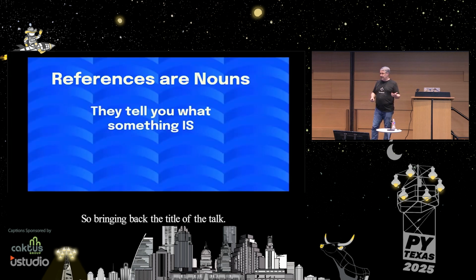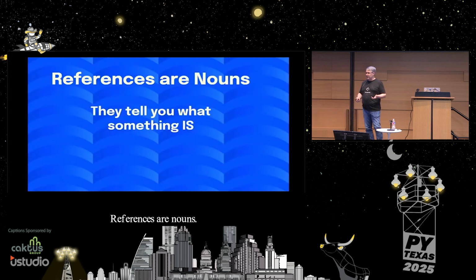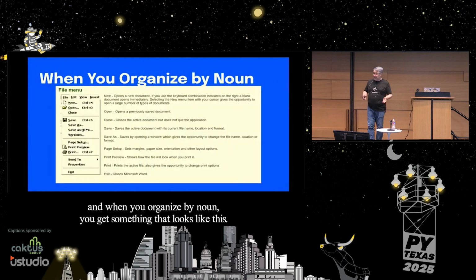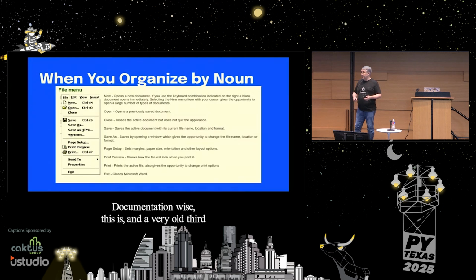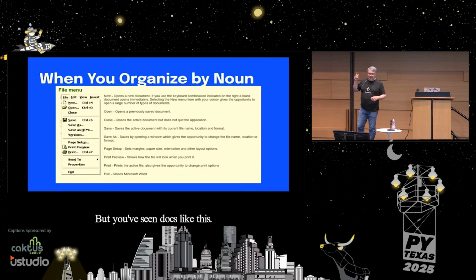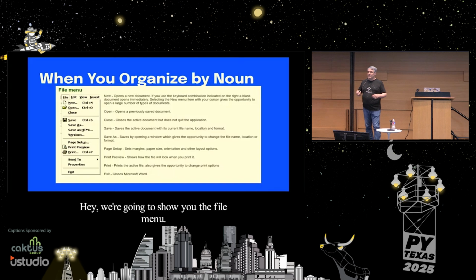So, bringing back the title of the talk, references are nouns. They tell you what something is. And when you organize by noun, you get something that looks like this, documentation-wise. This is a very old third-party doc from Microsoft Word. But you've seen docs like this. Hey, we're going to show you the file menu.